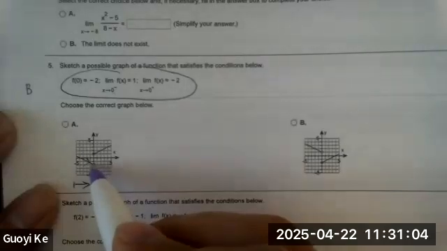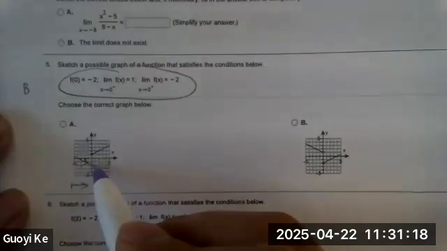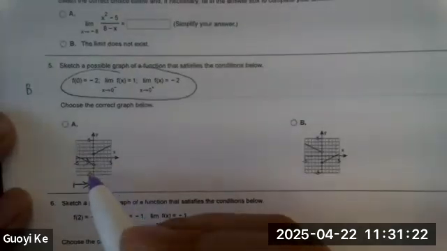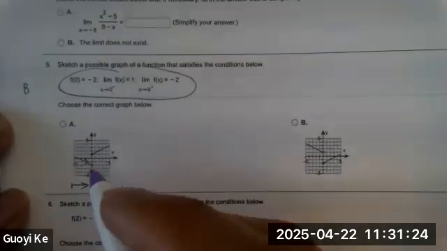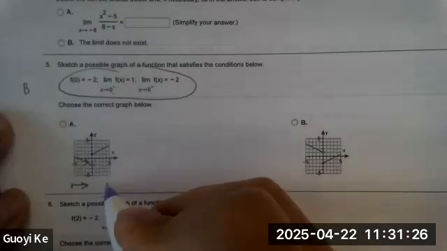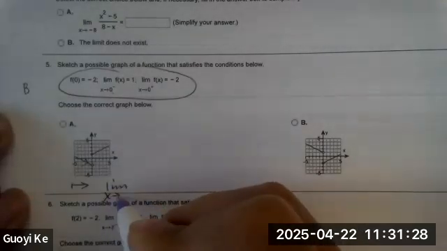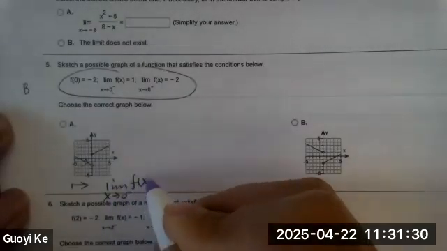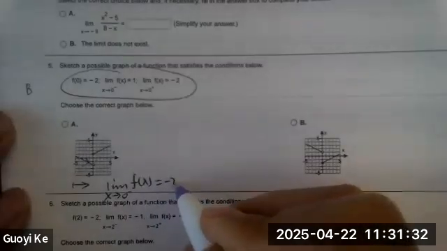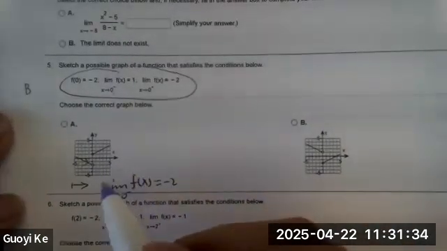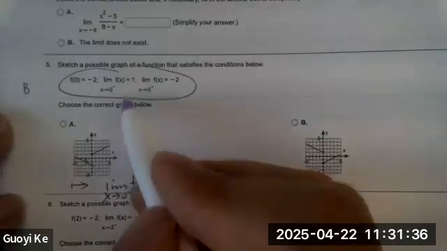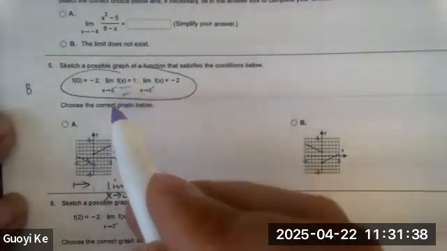This point has a y value: 1, 2, 3, 4, 5, so the y value is -2. That means this limit equals -2. It's very clear this graph doesn't satisfy this condition.